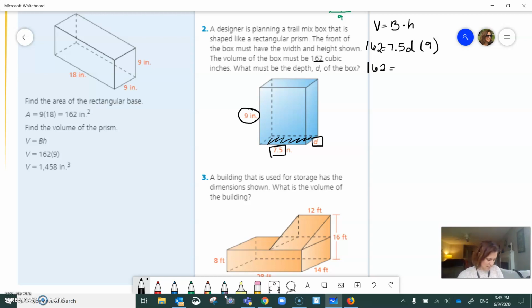7.5 times 9 is 67.5 times D. So I multiplied these two together, so they're gone, and the D is still there. And then, if we want to get the D alone, we would divide both sides by 67.5. 162 divided by 67.5 is 2.4.